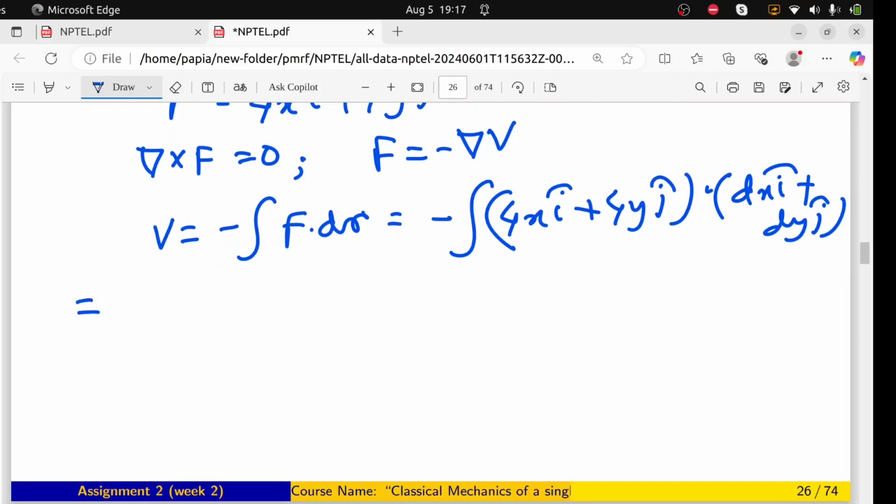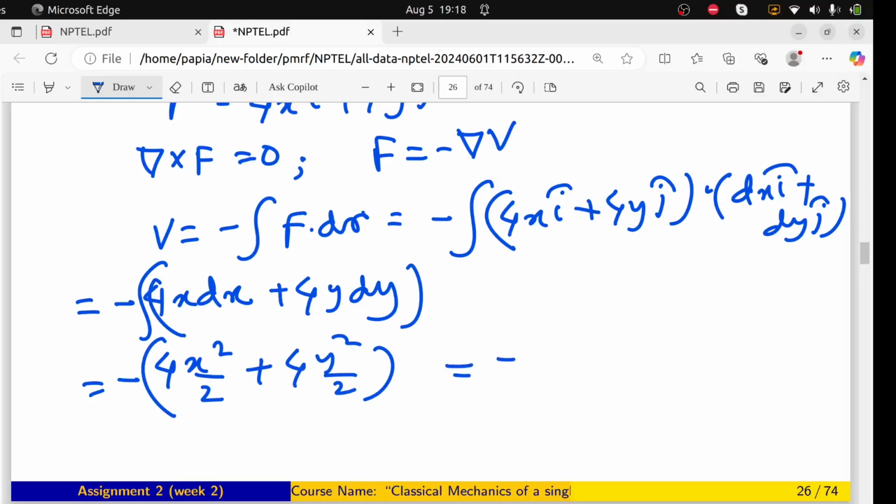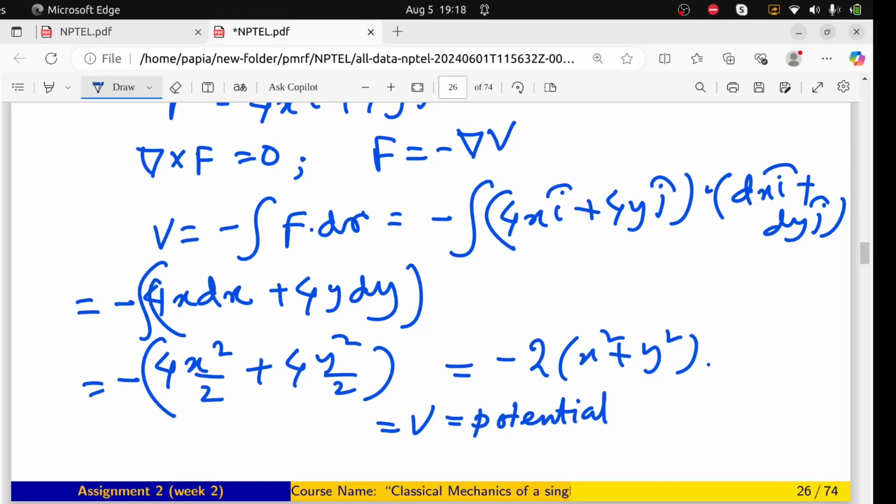So it will be minus of 4x dx plus 4y dy, so 4x squared by 2 plus 4y squared by 2. So V is minus 2 times x squared plus y squared. This is my V, which is nothing but the potential energy.